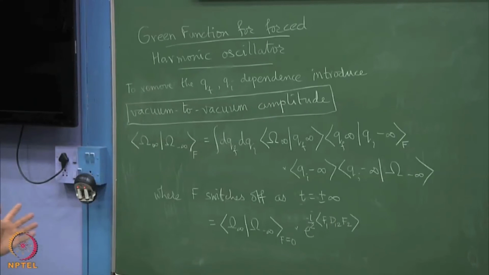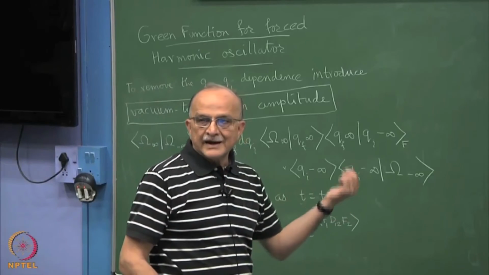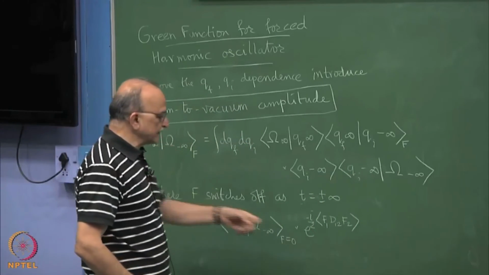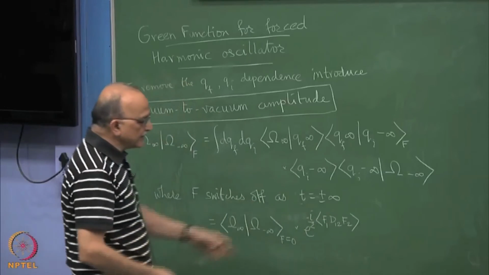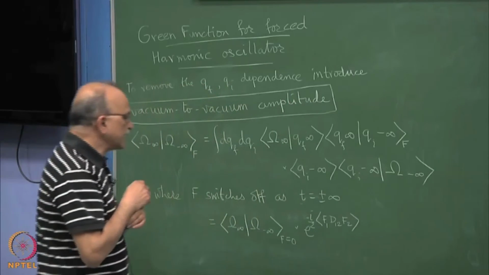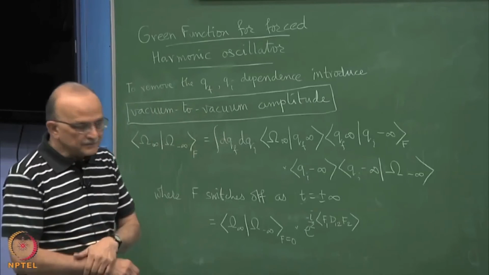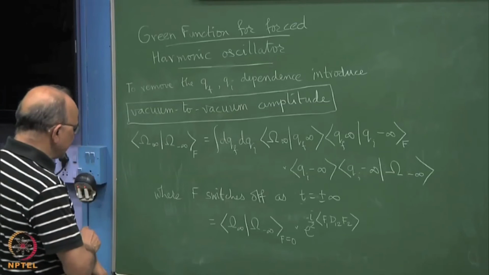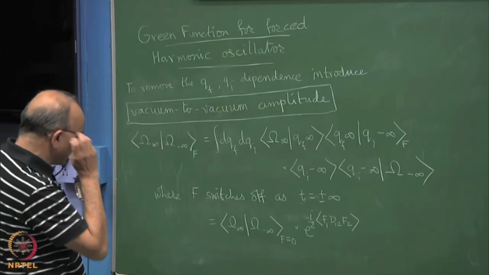But this is what we wanted, because we had made that proposal that any averages can be calculated by varying this now with respect to this external current. So F is sometimes, well, right now it is not a current, it is just a forcing function. In field theory it becomes a current. Many of these ideas were actually developed by Schwinger, and they have eventually come back, although in early developments for some time it was ignored.